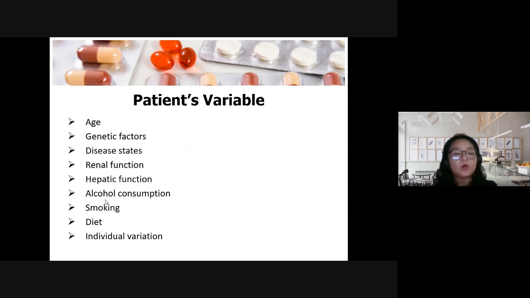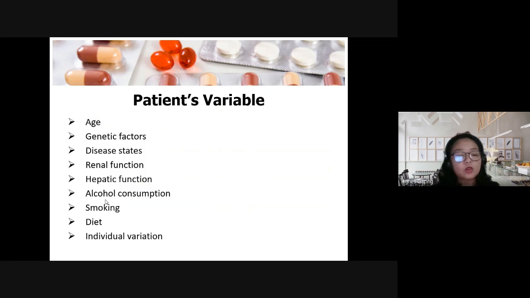Like araw-araw talagang umiinom, there's a possibility that the patient's liver, okay, might have induction, okay, or increase in the activity of the enzymes. So usually, patients who are alcoholic, okay, pag alcoholic yung pasyente, minsan mas mababa yung efficacy ng gamot sa kanila.